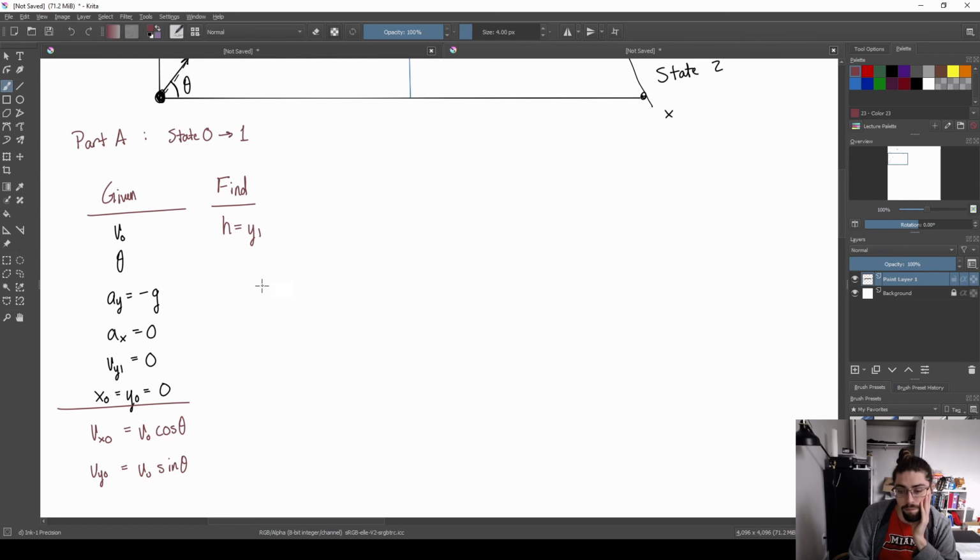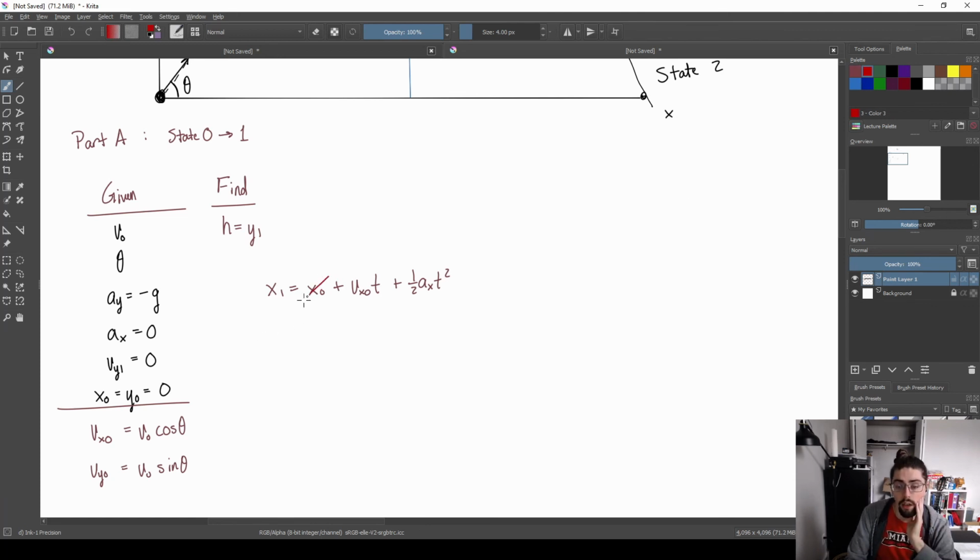Starting with x, I could say that delta x is equal, or even better yet, let me just do this thing as x final. So x1 is equal to x naught plus vx naught times t plus 1/2 a of x t squared.